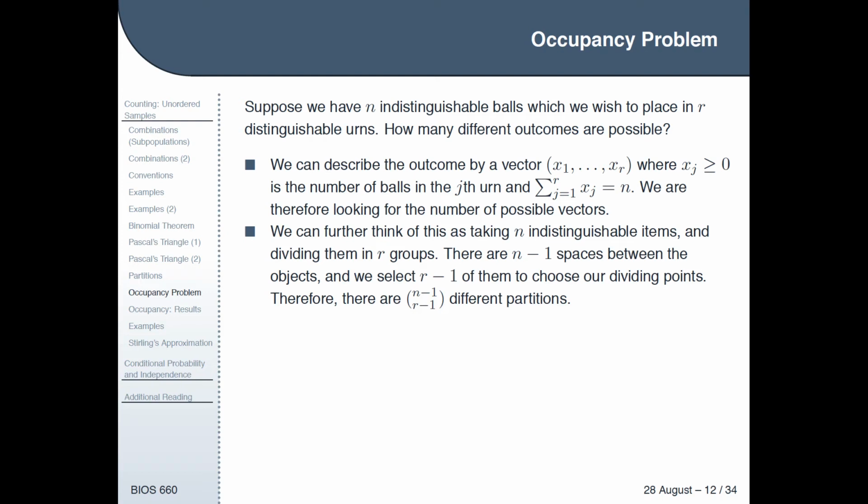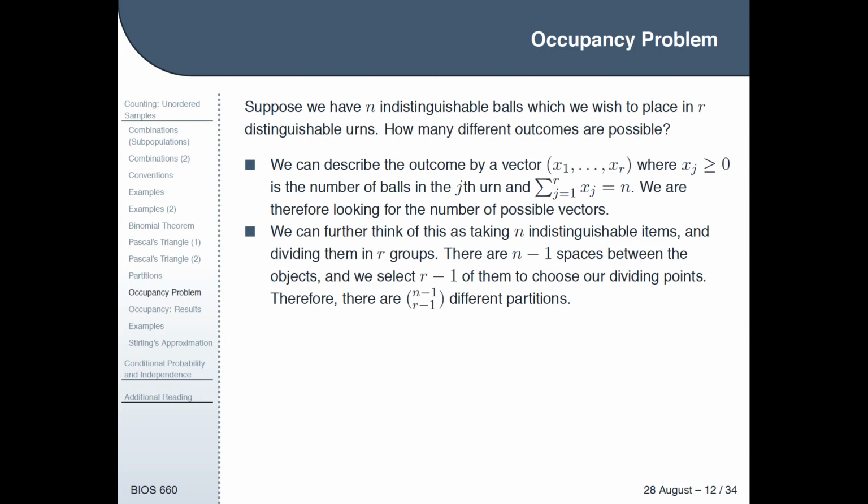Let's just list all the balls manually. We have ball 1, ball 2, ball 3, up to ball n.